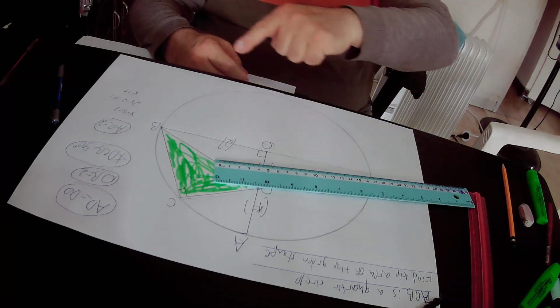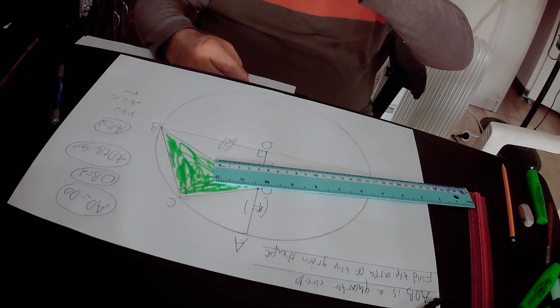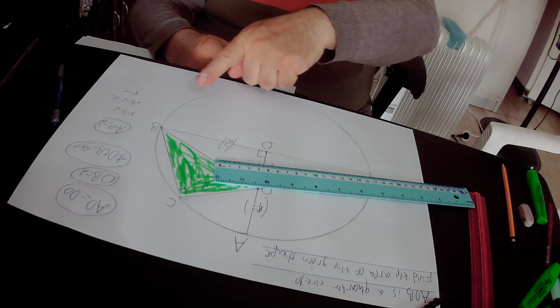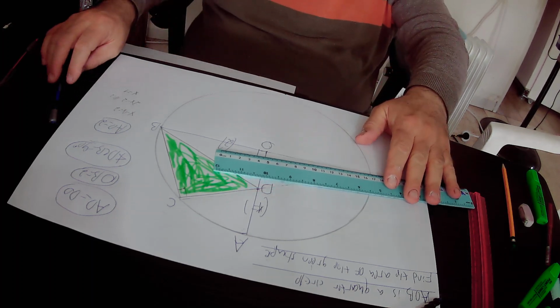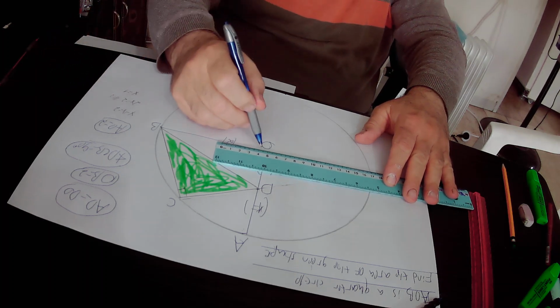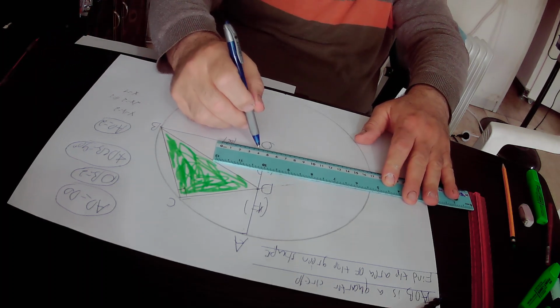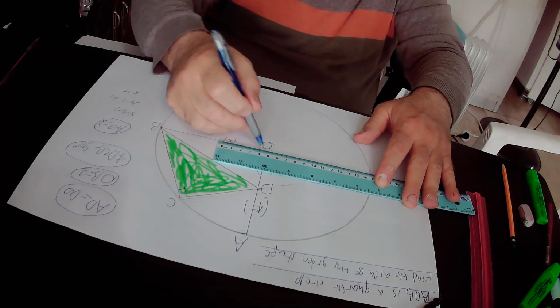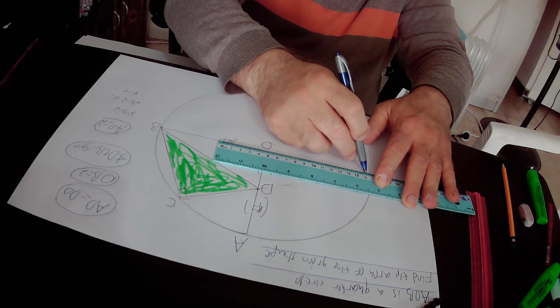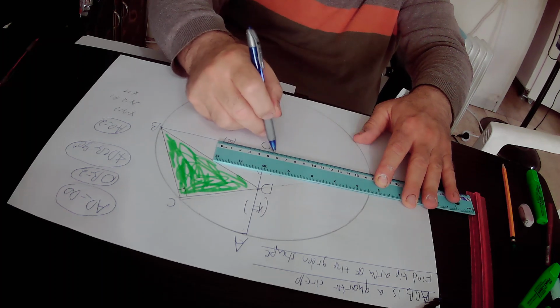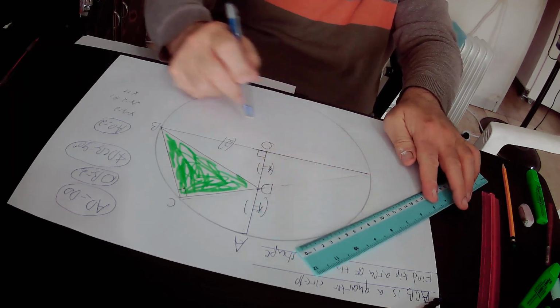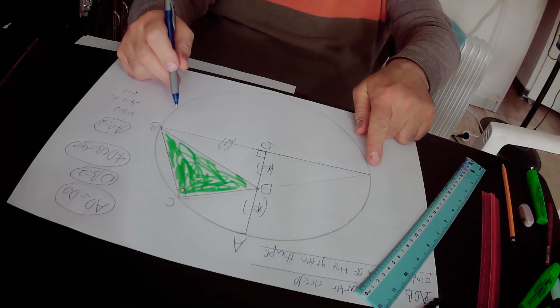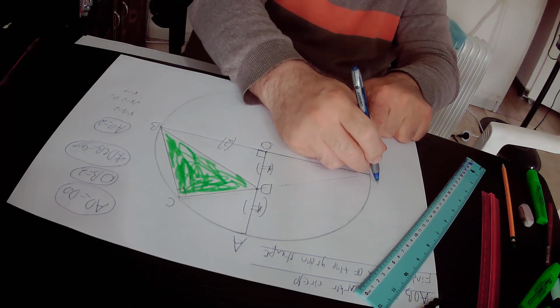BO as a radius is absolutely a straight line, and when we extend the straight line BO by a straight line, the result must be a straight line. We define the touching point of the extended radius BO with this circle as point P.